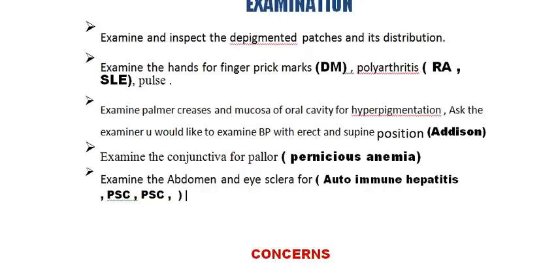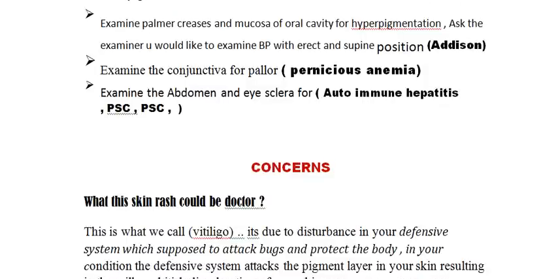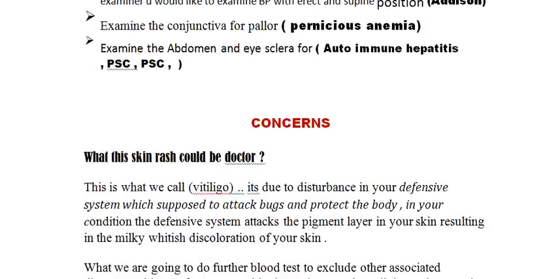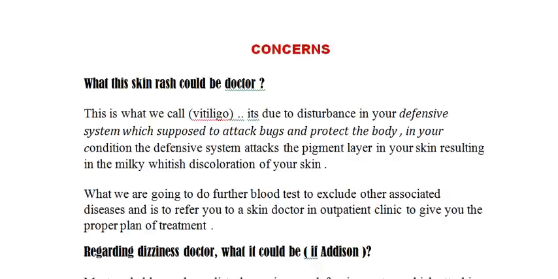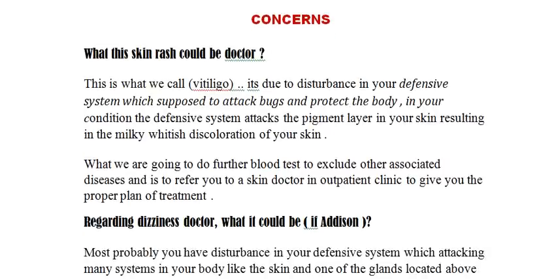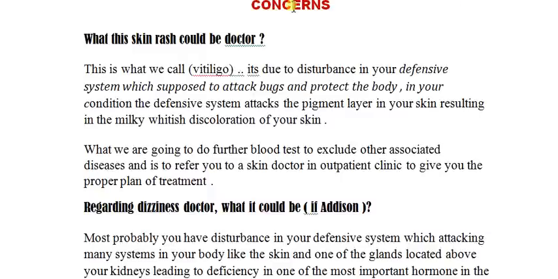Now we are going to explore the concerns of the patient. What are the most common concerns asked in this case? If the patient asks, what could be the skin rash, doctor?